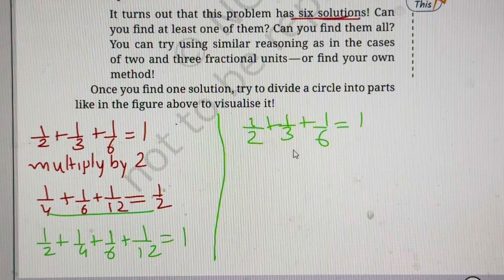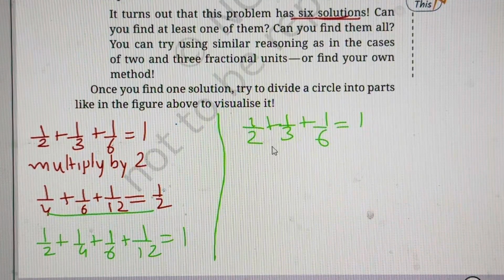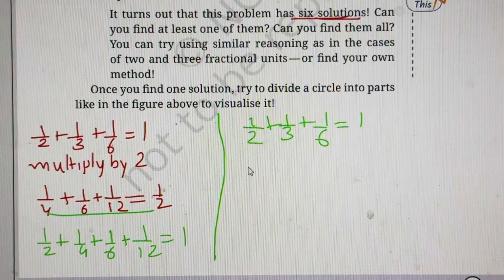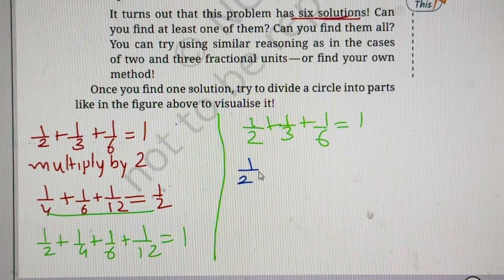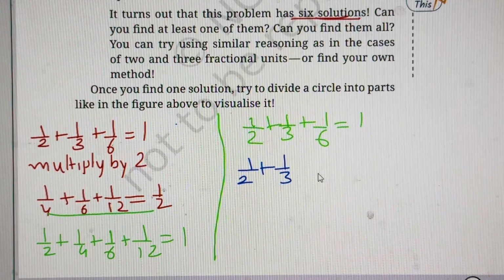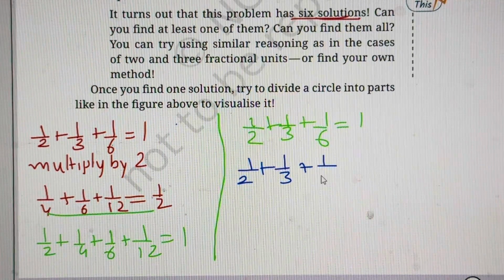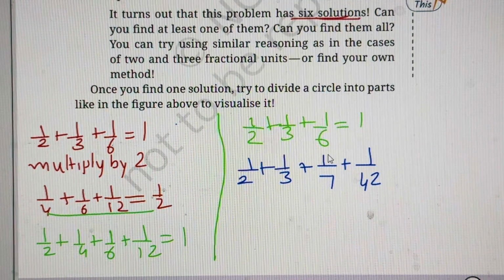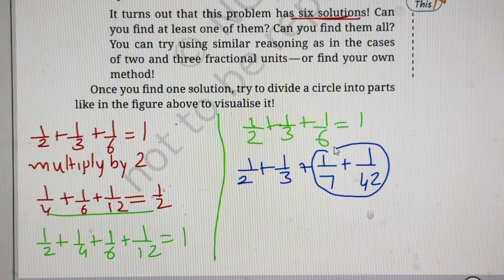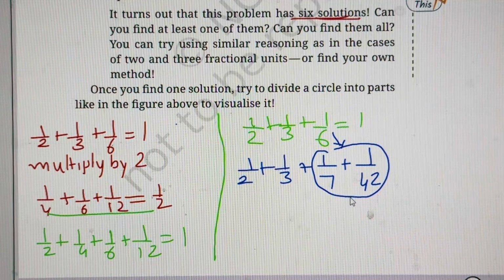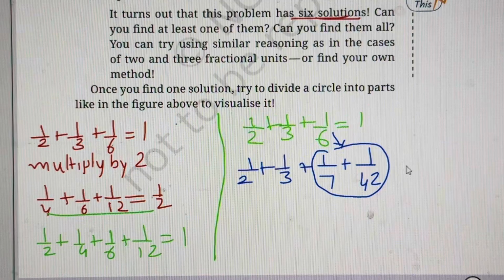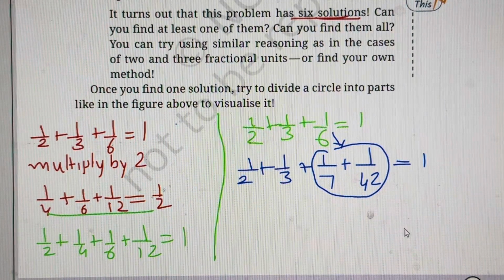Now how can you find that? By subtracting this from 1. So what do we get? We get 1 upon 2 plus 1 upon 3 plus 1 upon 7 plus 1 upon 42. 1 upon 6 is replaced by these 2. So we are getting 4 different fractional units to add up to 1.